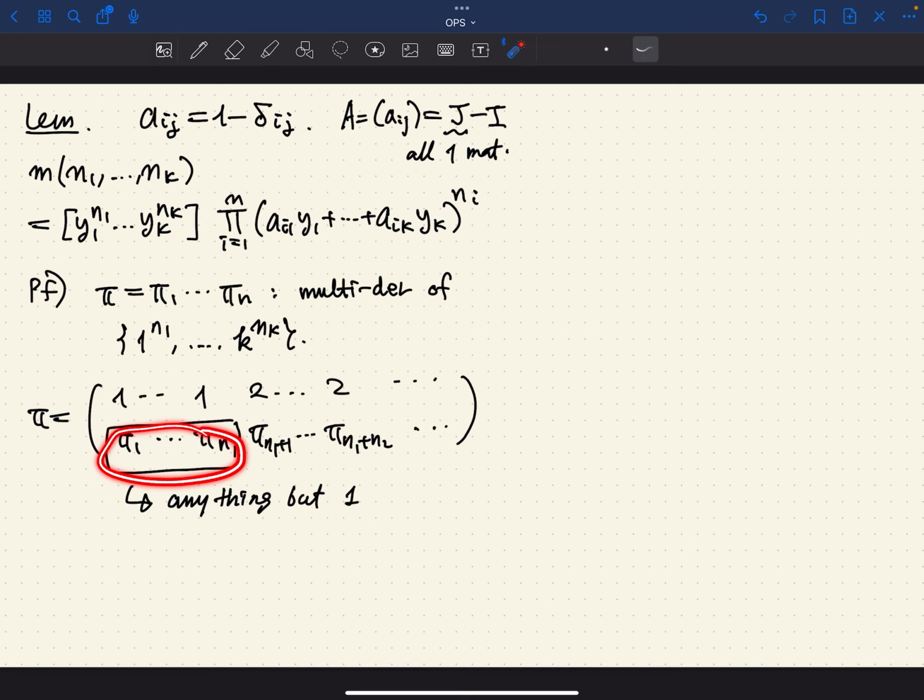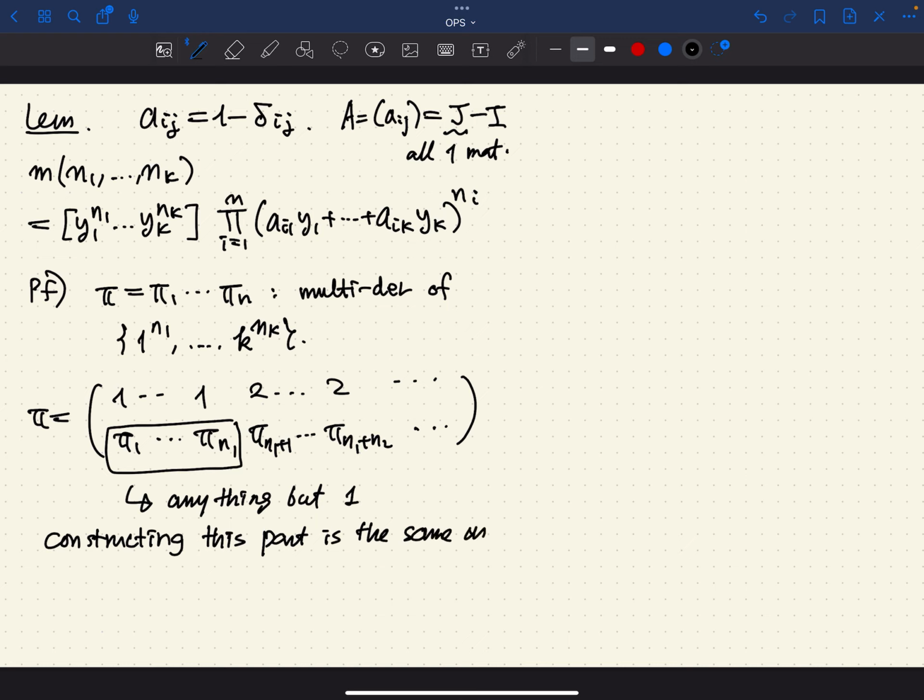So constructing this part is basically the same as expanding a_11 y_1 plus ... plus a_1k y_k, to the power n1, where a_11 is nothing and the others are all 1s.